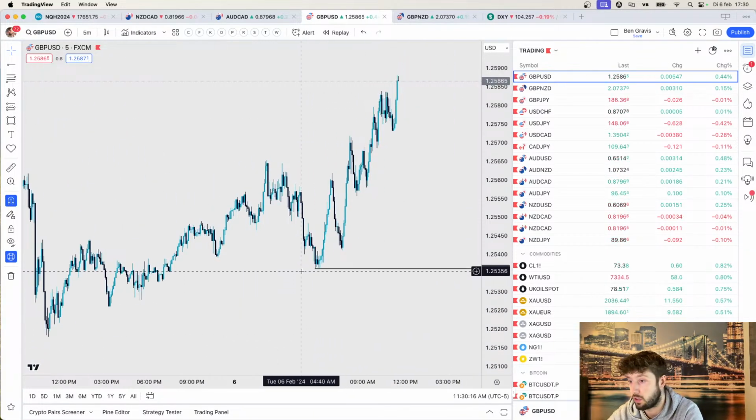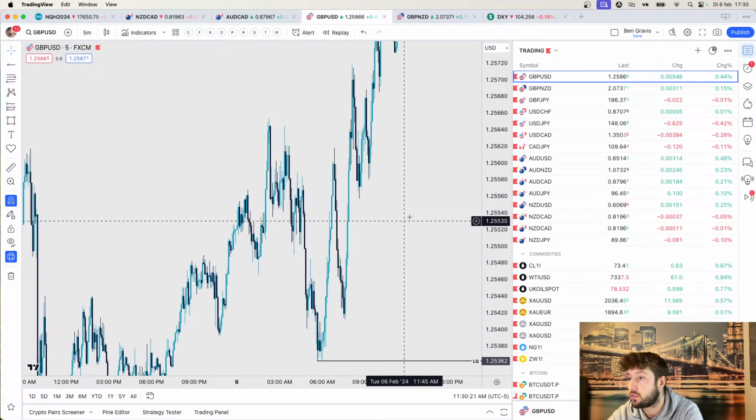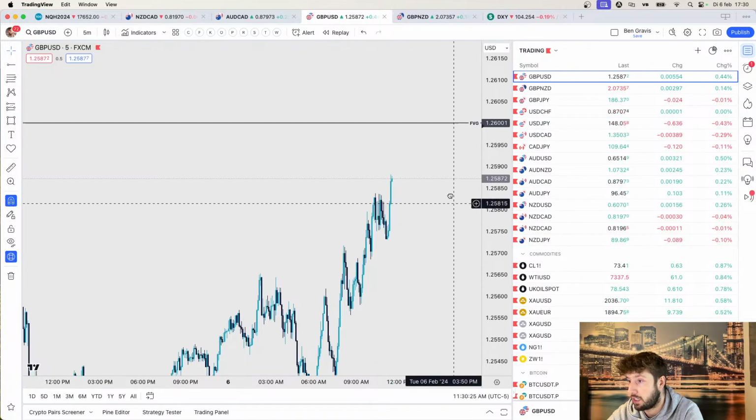I see those equal lows here. And this might be interesting in the future to short this fair value gap maybe.